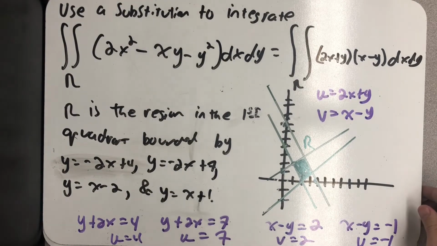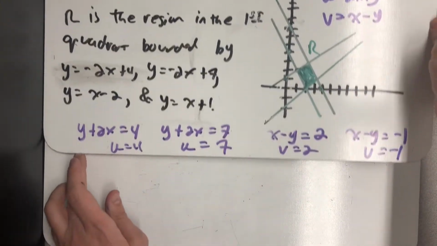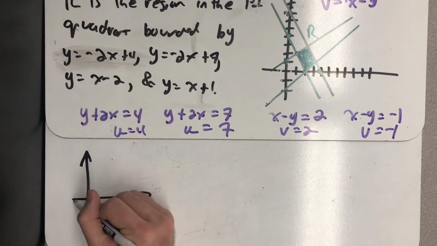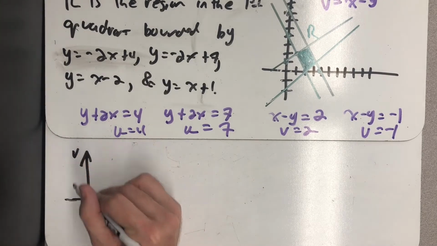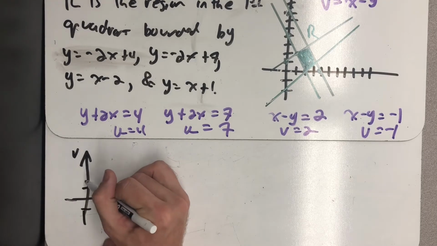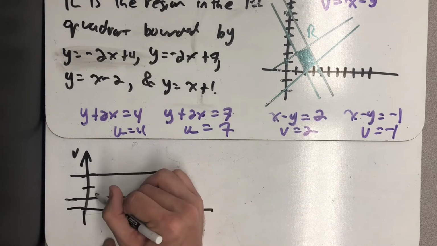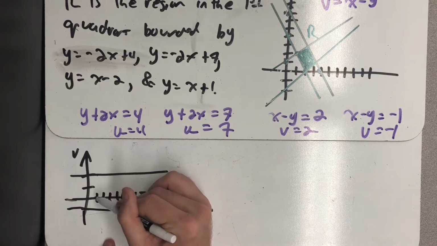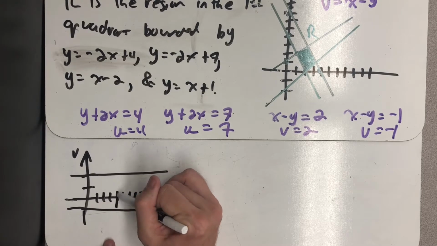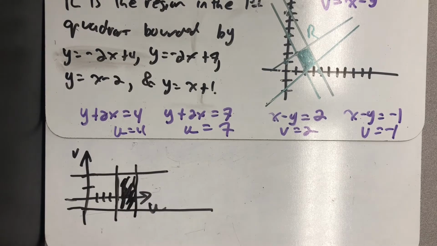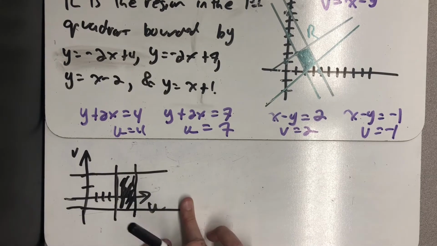So, the region G, let's see, u-axis, v-axis, v equals 2, v equals minus 1, 1, 2, 3, 4, 5, 6 is this region, right? I'm integrating over that nice and beautiful rectangle, and that seems like a much easier thing to do.